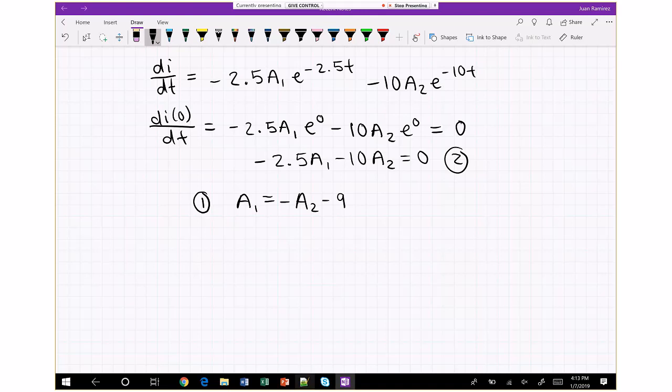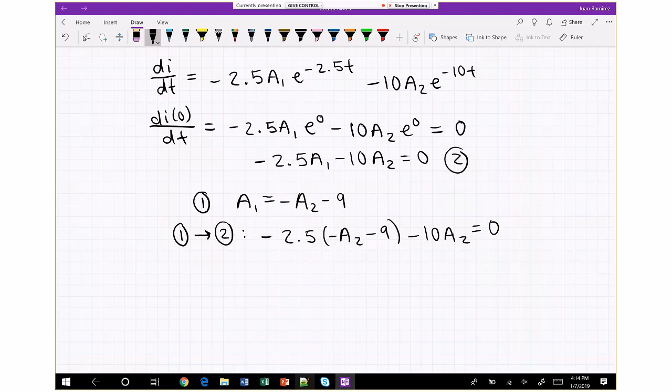Okay, and if you plug 1 into 2, we can rewrite the second equation as negative 2.5 times (negative A2 minus 9) minus 10 A2 equal to 0. Right? And so what do we get here?